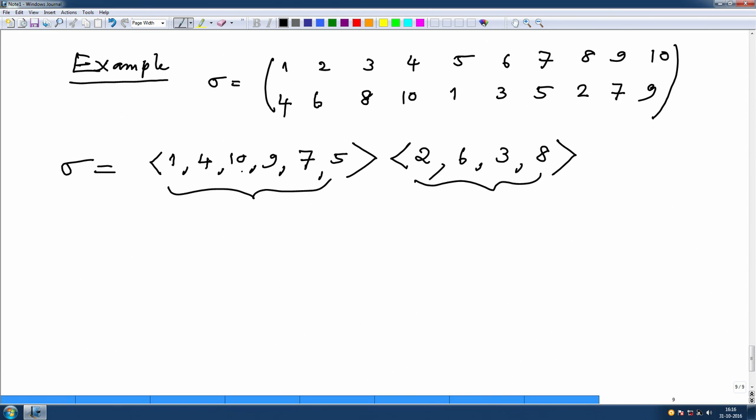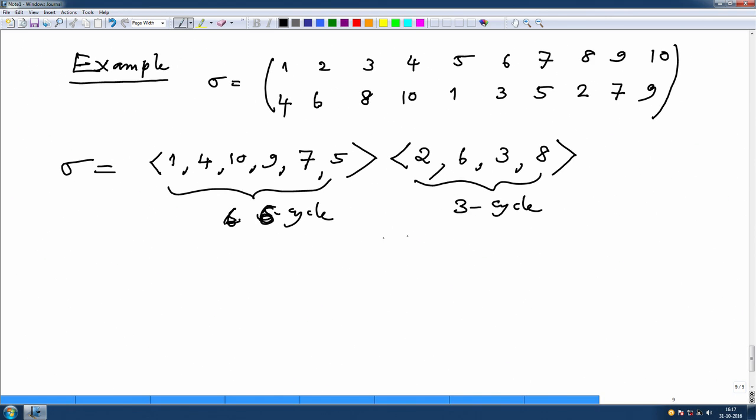So therefore sigma is a product of these two cycles. This one is a 6 cycle, and this one is a 4 cycle.